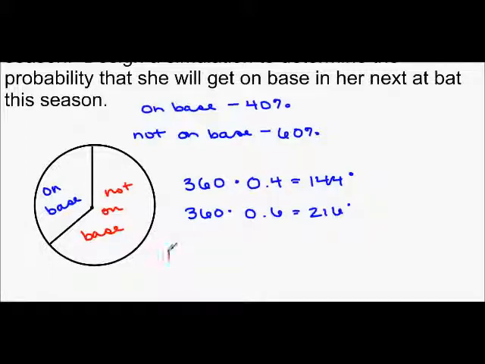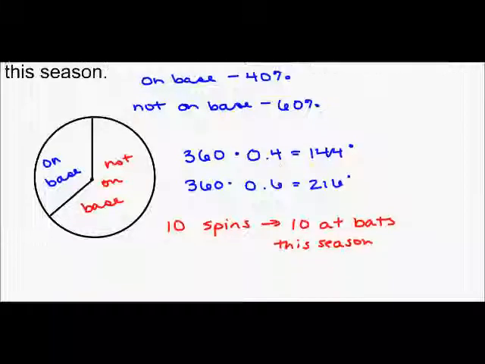Okay, so if I spin it 10 times, that means that she'll have 10 at-bats this season. And that's kind of low. So we'll talk about that in a second. So she'd have like 10 at-bats this season.